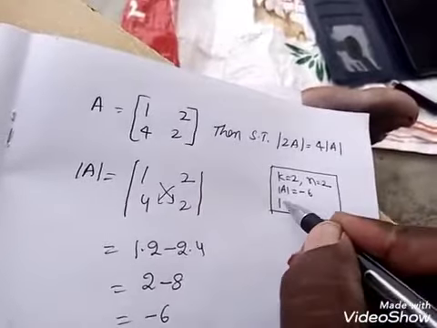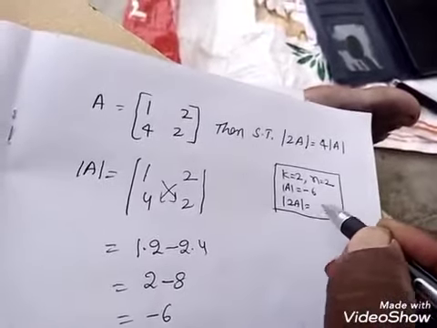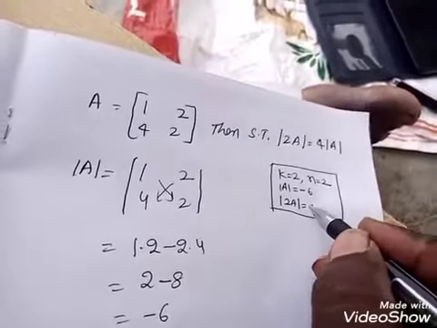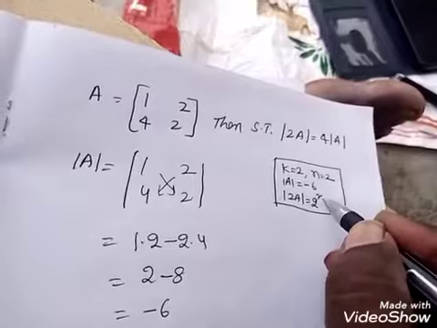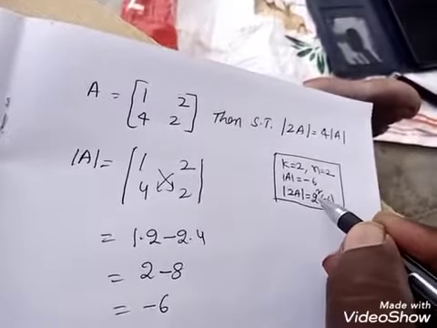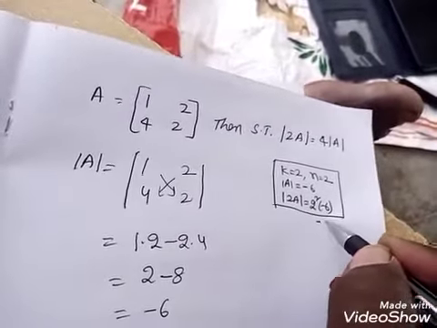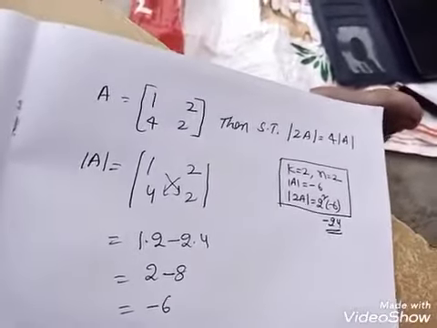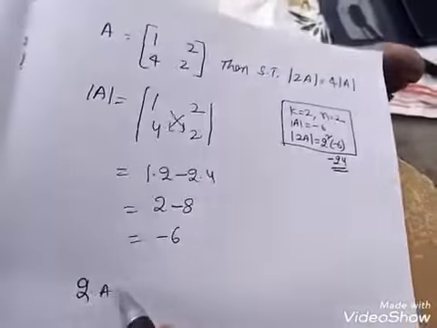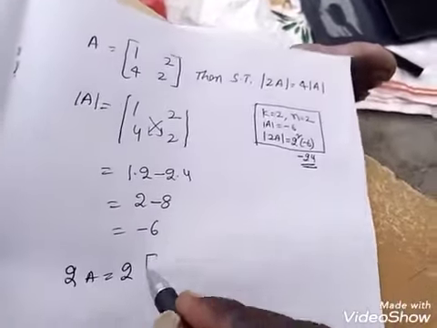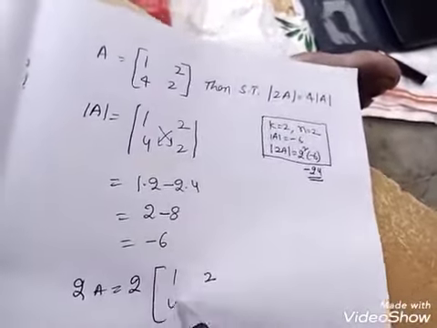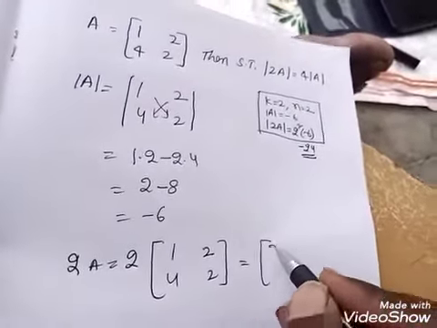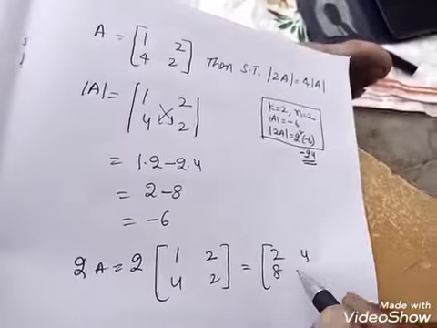Now det of 2A, what are you going to get, det of 2A is equal to k power n, that is nothing but 2 square into minus 6, that is 4 into minus 6, that is minus 24 you should get. Whether we are getting the correct answer or not, we'll check now. Now 2A you have to calculate. If you calculate, 2A is equal to 2 into matrix of 1 2, 4 2, that is equal to 2 4, 8 4.